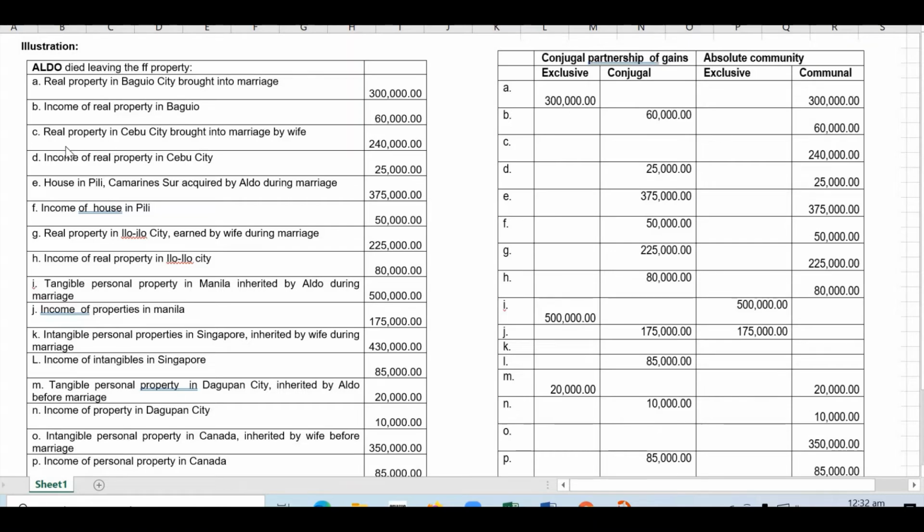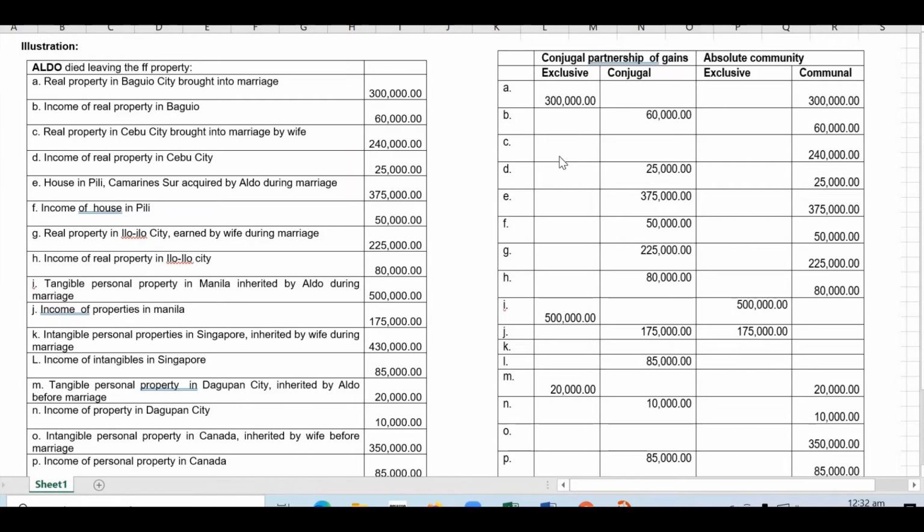Okay? So, next, real property in Cebu City brought into marriage by the wife. Under conjugal partnership of gains, since it was brought into marriage by the wife, that's the exclusive property of the wife. Take note that our gross estate is the exclusive property plus the conjugal or communal property.